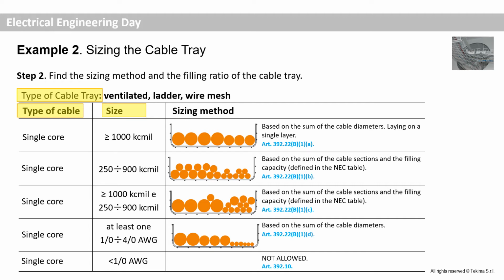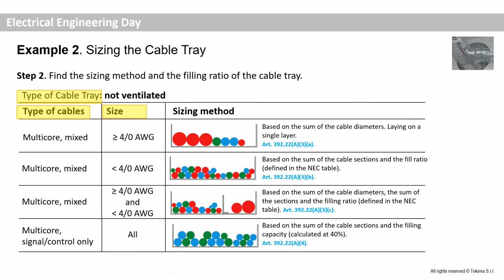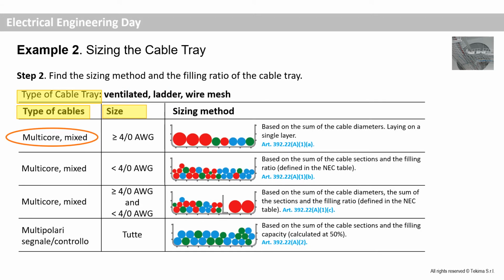So it specifies the rule, for example, for ventilated ladder or wire mesh containing single core cables, it defines the rules for not ventilated cable trays containing multi-core mixed cables, but it also defines the rules for multi-core mixed cables installed in ventilated ladder or wire mesh cable trays.